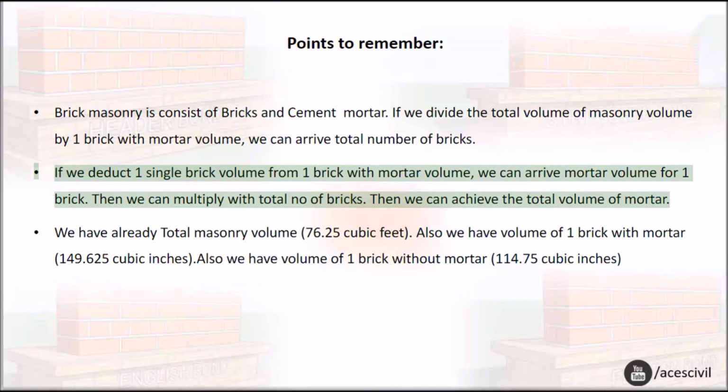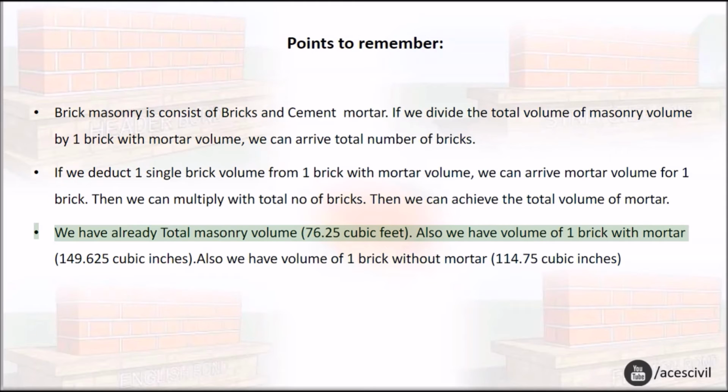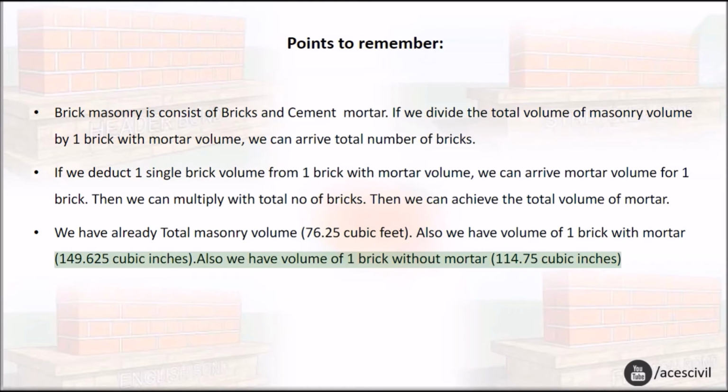Then we multiply by the total number of bricks, and we achieve the total volume of mortar. We already have the total masonry volume, 76.25 cubic feet. Also we have the volume of 1 brick with mortar, 149.625 cubic inches, and the volume of 1 brick without mortar, 114.75 cubic inches.